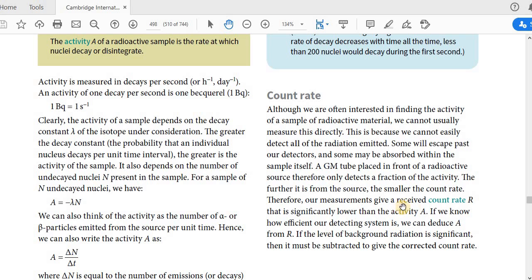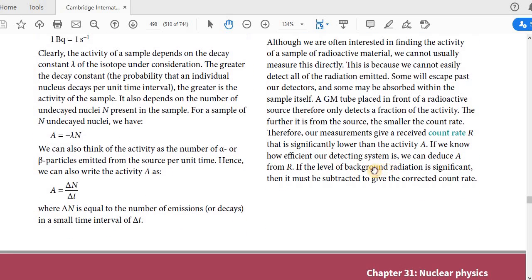Therefore our measurements give a received count rate R that is significantly lower than the activity A. If we know how efficient our detecting system is, we can deduce A from R. Now what is R? That is the received count rate.